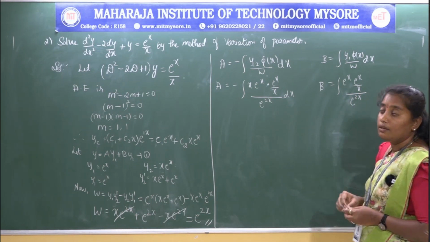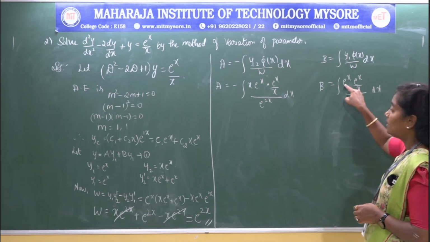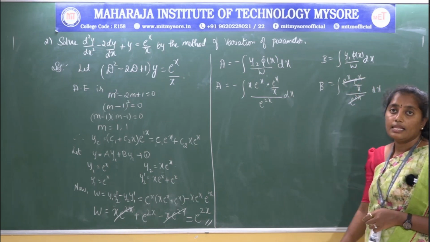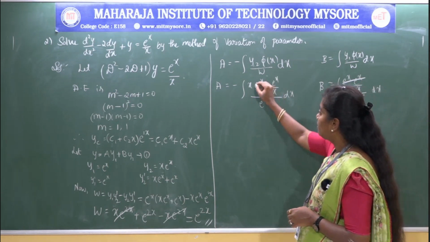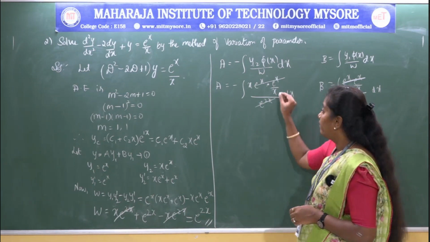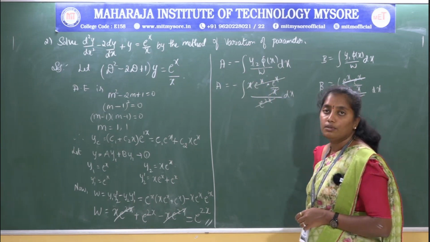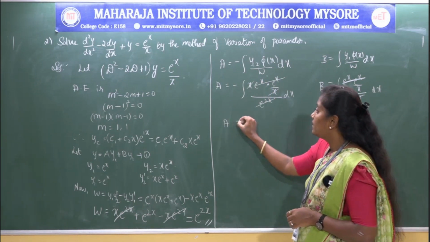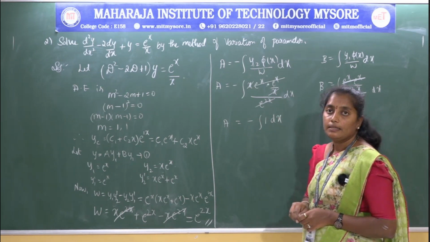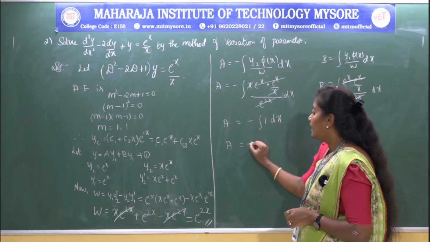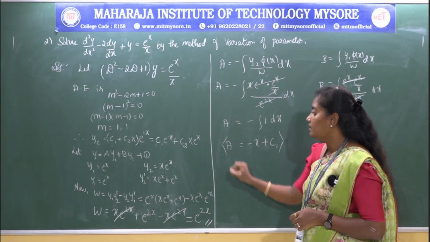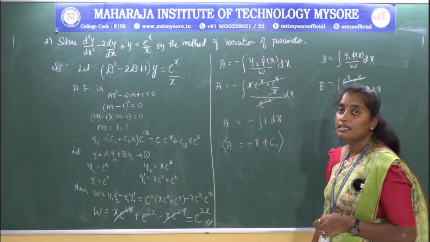In the numerator we have e^x times e^x, which is e^(2x), and this e^(2x) gets cancelled. In the second term also we have e^(2x), which gets cancelled, and x and x also get cancelled. In the first term, the remaining element is minus 1 with respect to x. Integrating this, minus the integration of 1 is x plus the integral constant c1. The value of a is minus x plus c1.